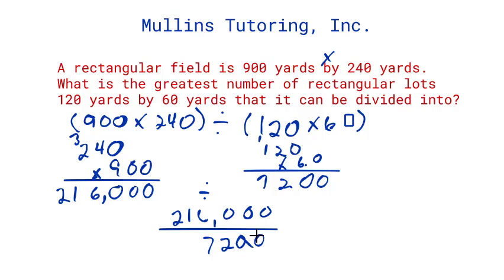So I'm going to take out those 2 zeros, and whatever I do to the bottom, I do to the top. So even though I have this other 0 up top, we don't have another 0 in the denominator, therefore we cannot get rid of that. So now we have 2,160 divided by 72, which just makes it a little bit easier.